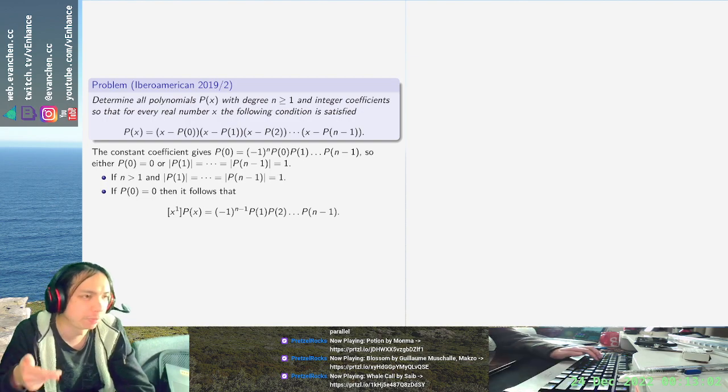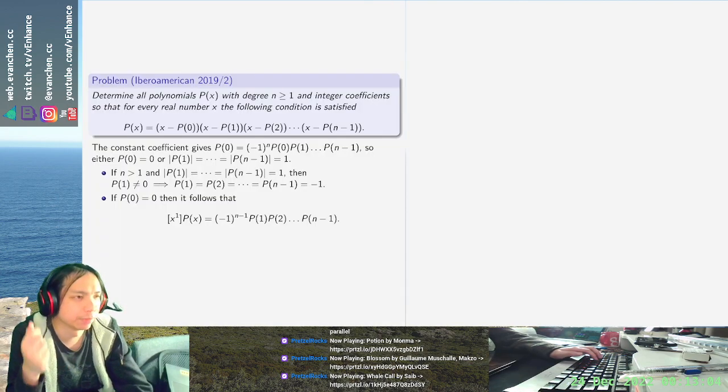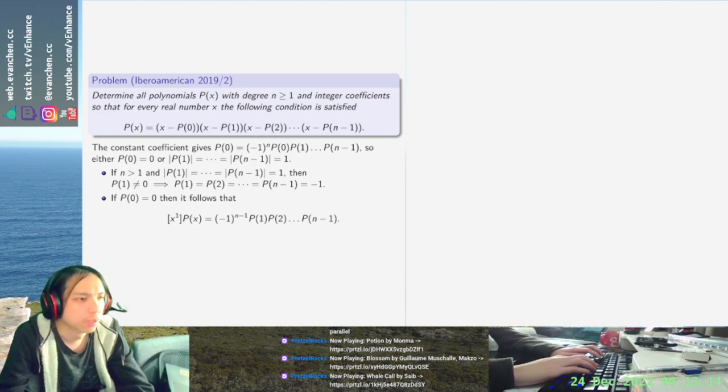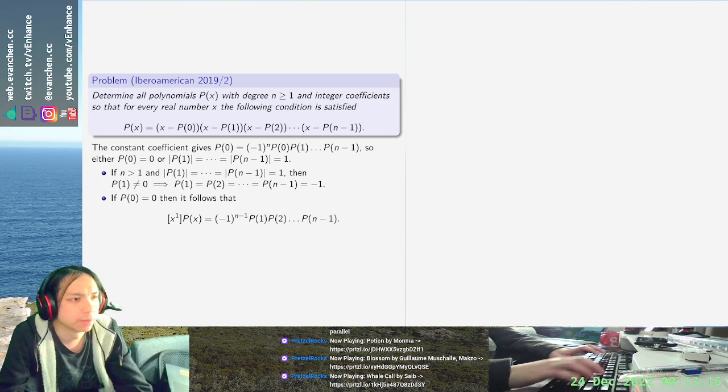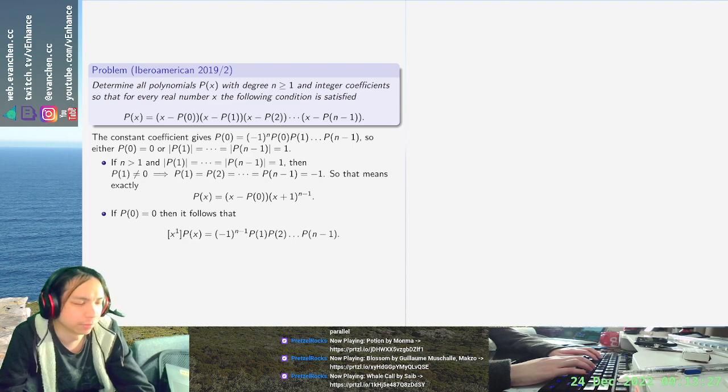Like, all the roots have to be minus 1, because otherwise when you plug in x equals 1, you're in trouble. So that means exactly p of x is equal to x minus p of 0 times x plus 1 to the n minus 1. And, well, that's not going to fly, right?